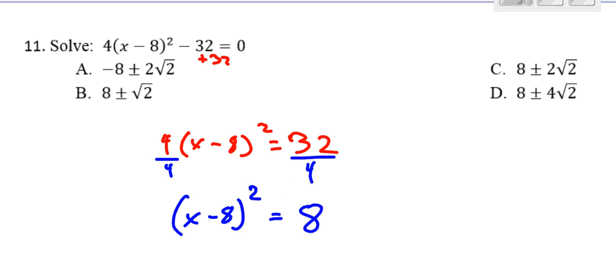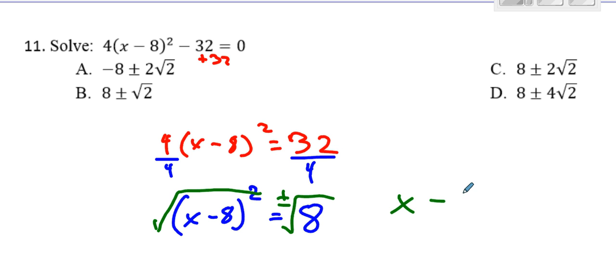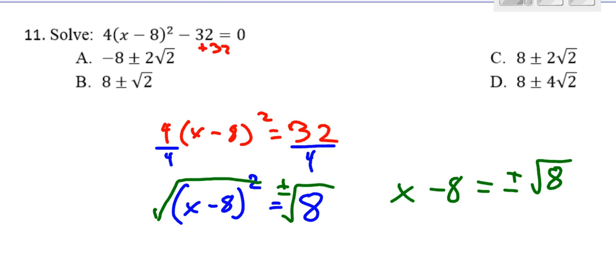Now we've got the squared. So we're going to get rid of the square by doing the square root. So those cancel out. And then you got to do square root of 8. When you do the square root, you have to do plus or minus. So you get x minus 8 equals plus or minus square root of 8. We can simplify that because there's a 4 in there.